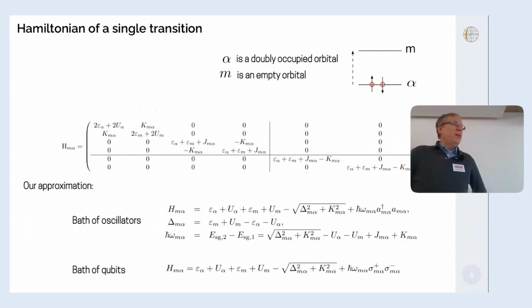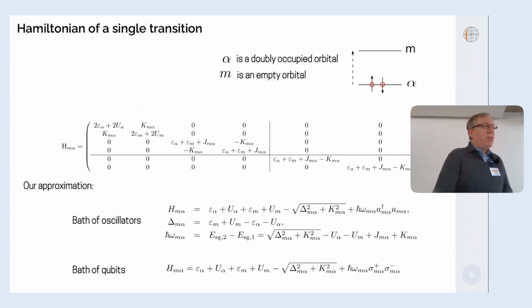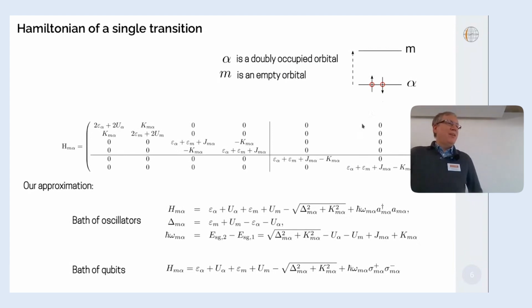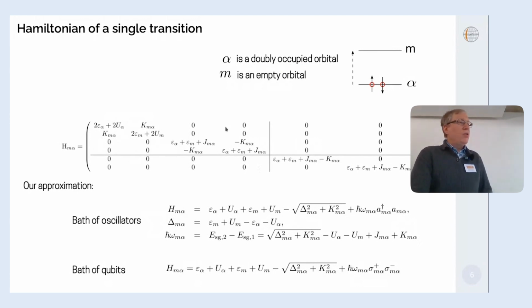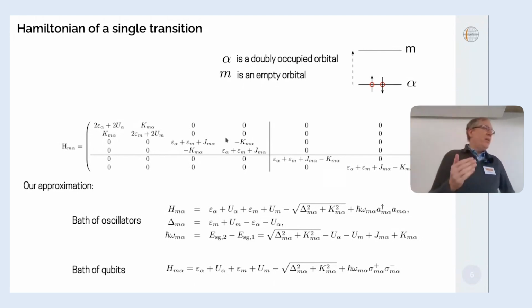Now, this is already the environment. Suppose we have a single transition from a doubly occupied orbital alpha to m. In principle, it is the same type of system as I just showed before: 2 orbitals, 2 electrons. The Hamiltonian looks similar if we cut out everything else. Now we can ignore hopping matrix elements, so zeros everywhere, because the Hartree-Fock simulation makes the Fock matrix diagonal, and these hopping terms are elements of the Fock matrix.